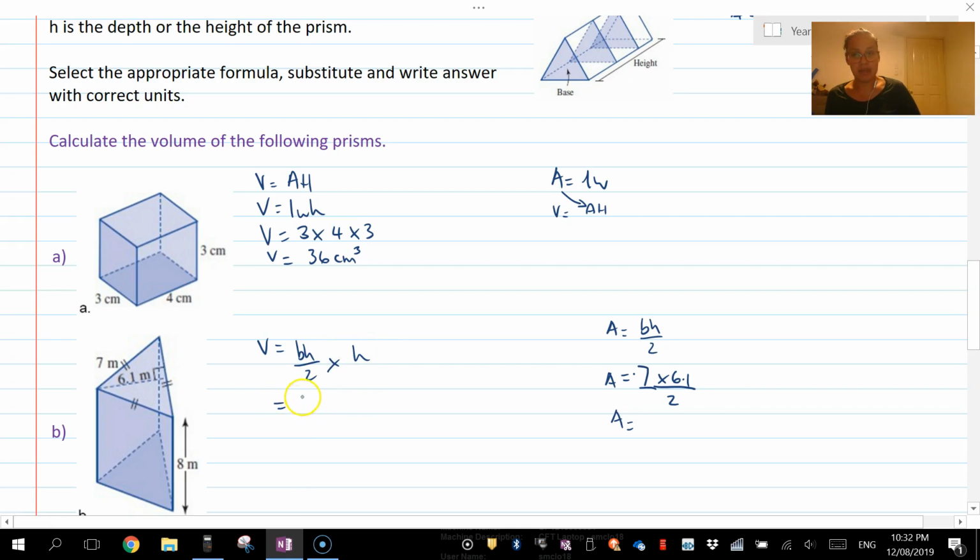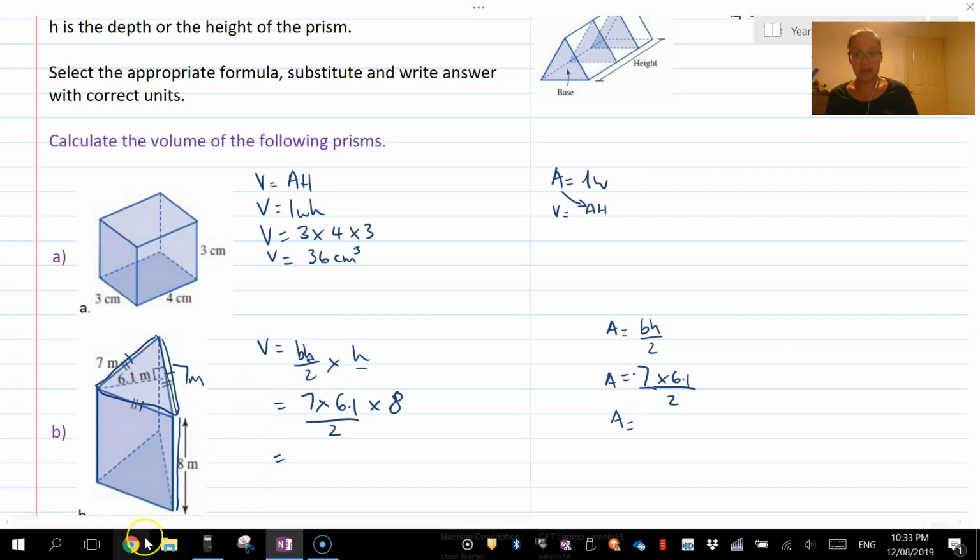You'll see here that it's 7 because this and this are equilateral, so this has to be 7 meters. So base is 7 times 6.1 divided by 2, and then multiply that by the 8. You'll notice that there's 2 h's here, but remember that this is the h from the area of this triangle, and that this h is for the depth of your shape, or the height of this triangular prism.